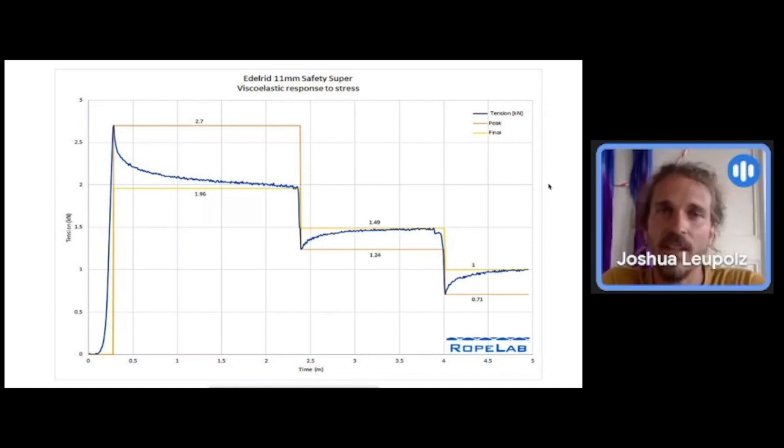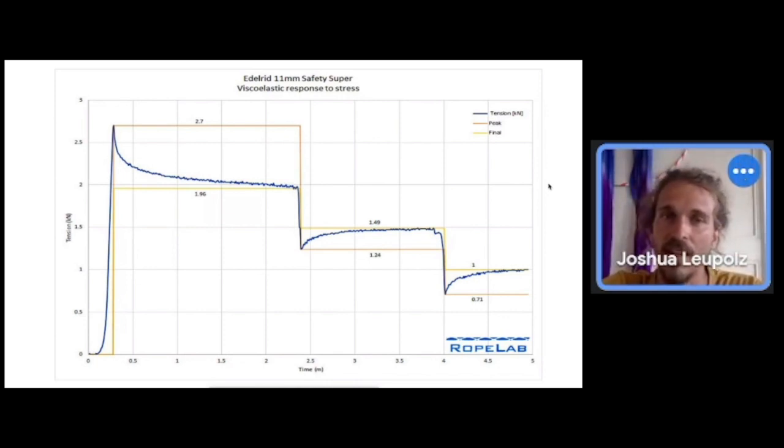And then the really interesting thing, which a lot of people don't know, is that in the opposite way you have the same effect. So after 2.5 minutes, he detensioned the line down to 1.24 kilonewton and waited again a bit more than a minute. And then the tension, after dropping first, was increasing again to 1.5 kilonewton.